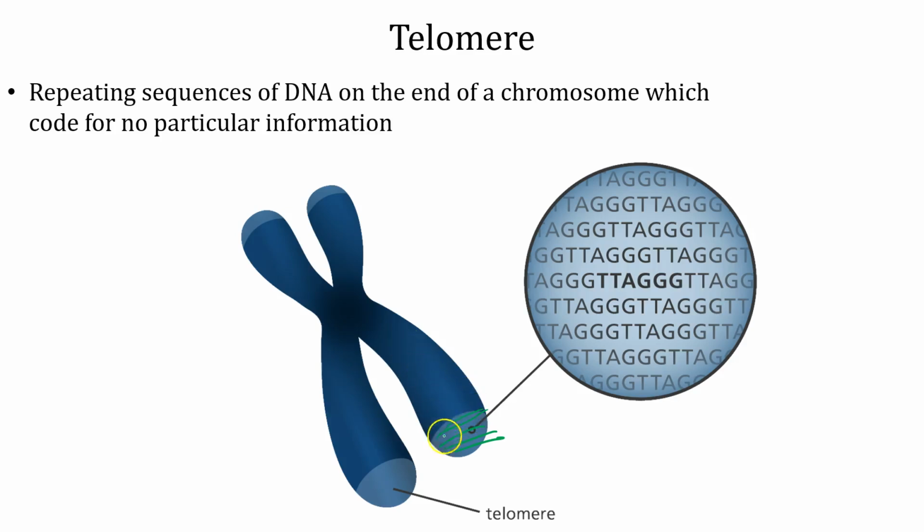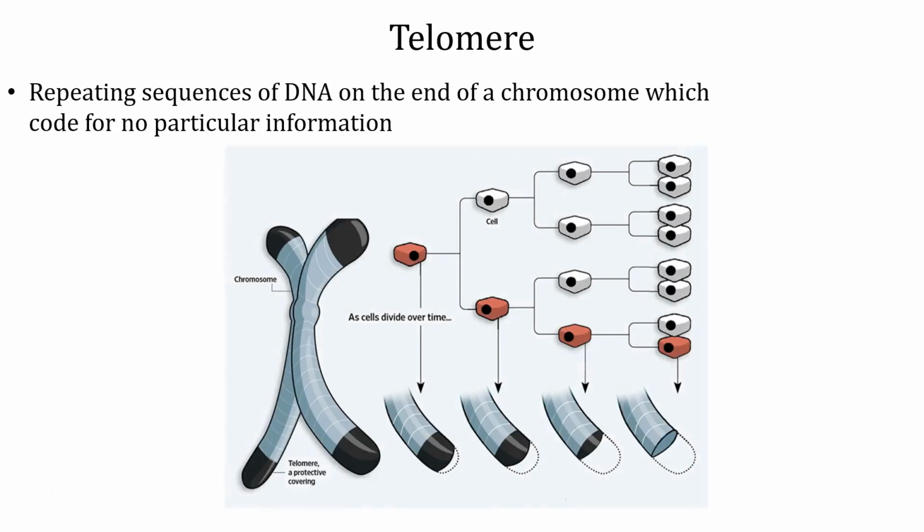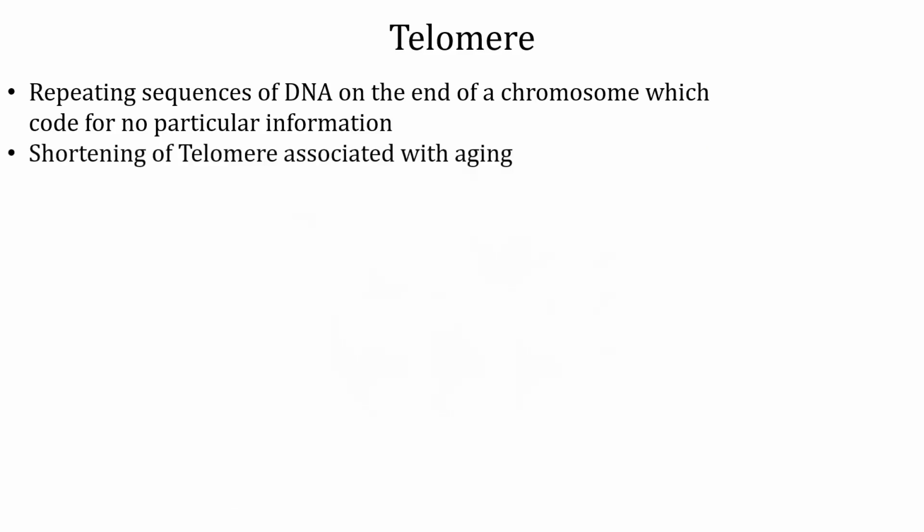But there's going to come a point later in life where it does start to carve into some of the genes that are important. That's why telomere shortening is thought to be responsible, in part, for the aging process. As those telomeres shorten, they start to get into genes that are useful for regulating certain cellular events.